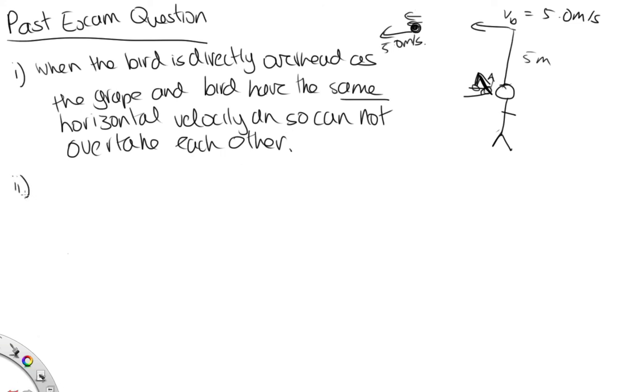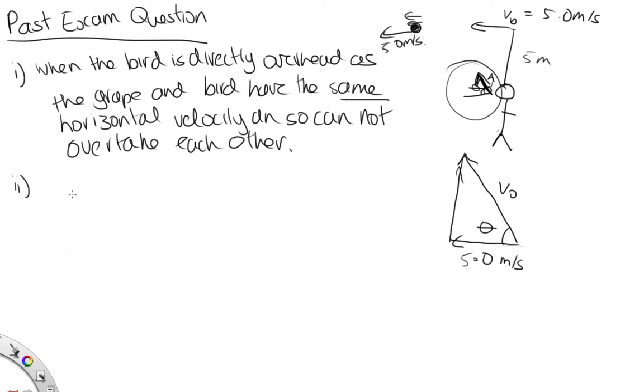Part 2. We need to calculate the required values of V0 and theta. Okay, let's expand this diagram a little bit. Here's theta. Here's V0. And we said the horizontal velocity was always the same as the bird's, so this is 5.0 meters per second.